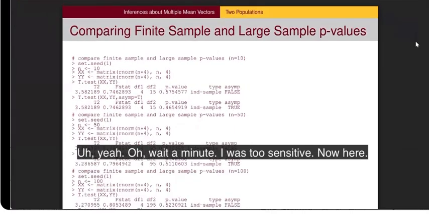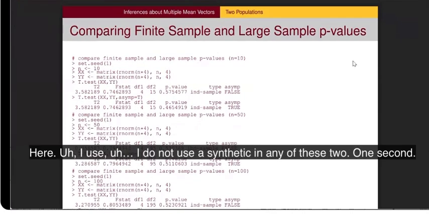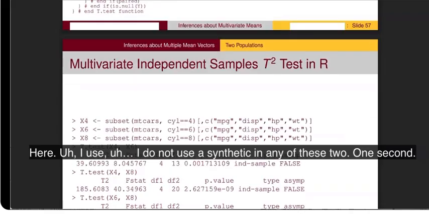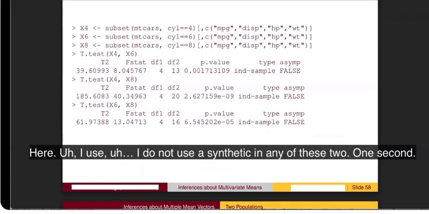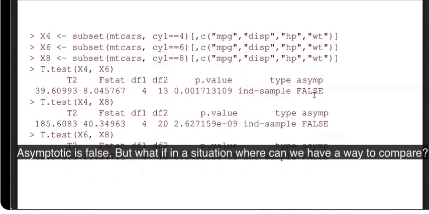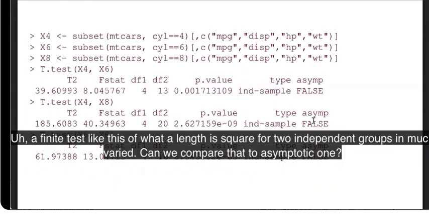Now, here, I did not use asymptotic in any of these three. One second. Okay, so if you take a look at any of these three, asymptotic is false.